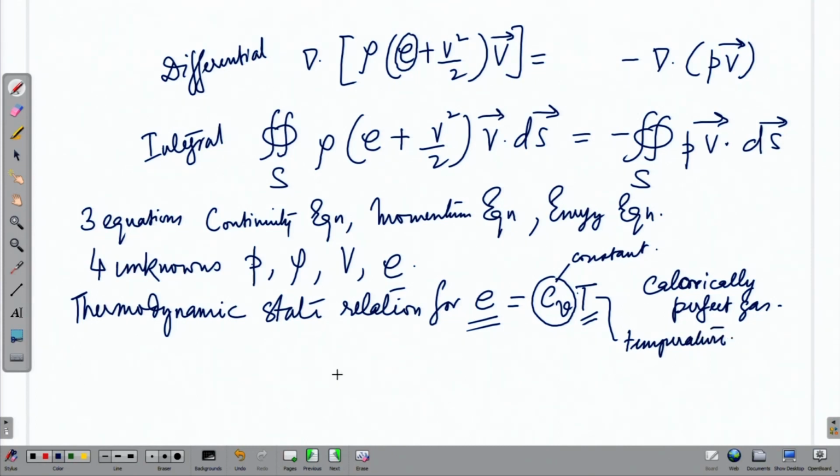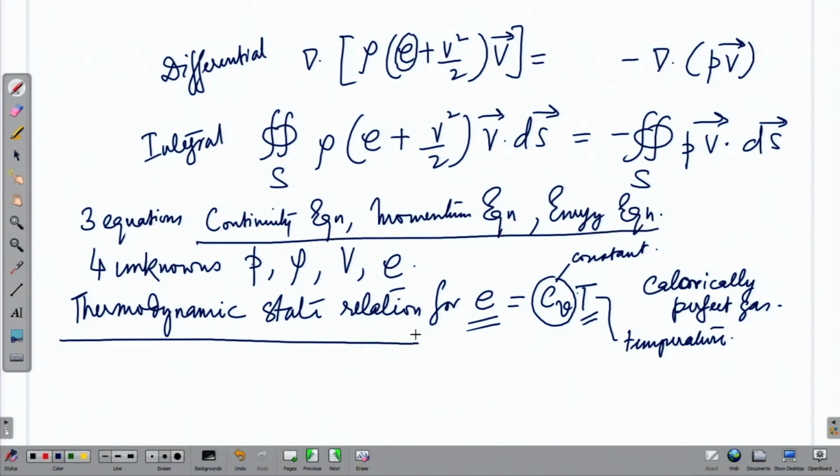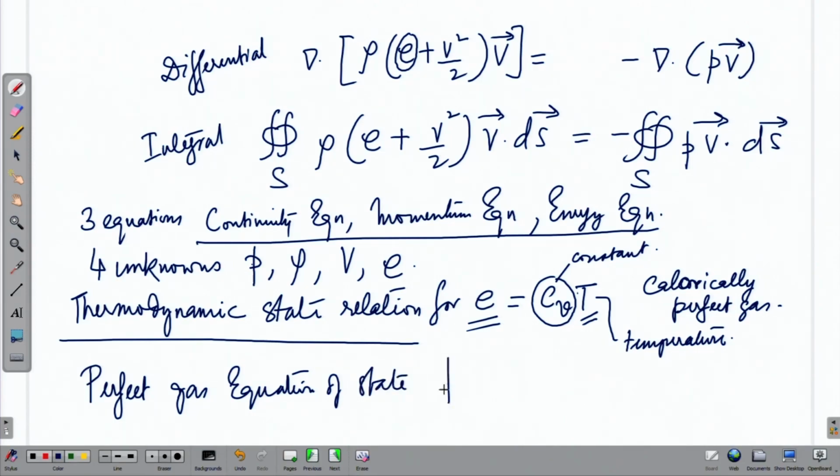Because we are still short by one equation now, because there are now 5 variables and we have 4 equations. That means, these 3 and the thermodynamic state relation, which makes 4 equations, but 5 unknowns. Now, we invoke the perfect gas equation of state to bridge the gap, which gives us a relation between pressure, density and temperature.